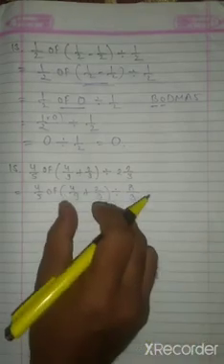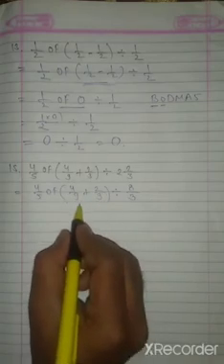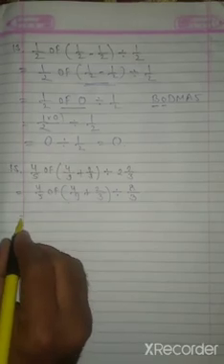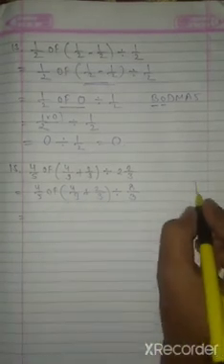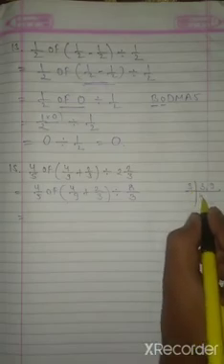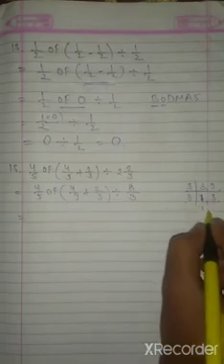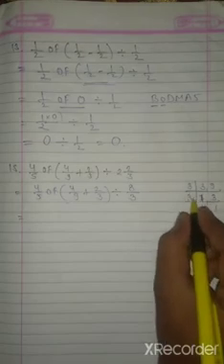Now we will solve this bracket. In this bracket you can see the denominators are different, so we will take the LCM of 3 and 9, which is 9.